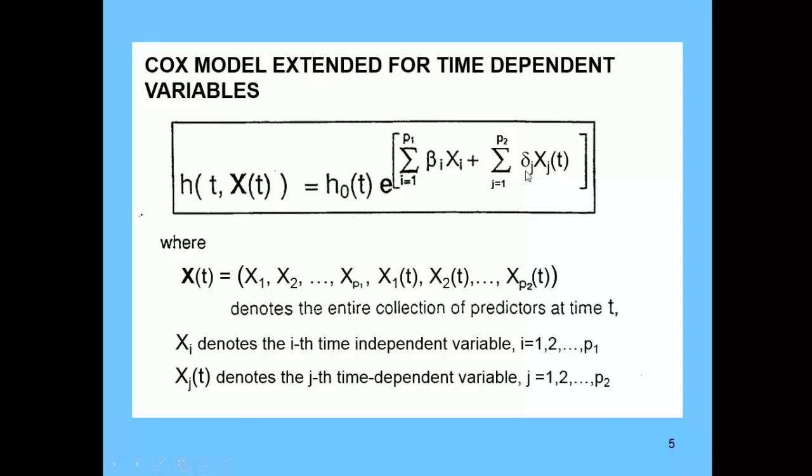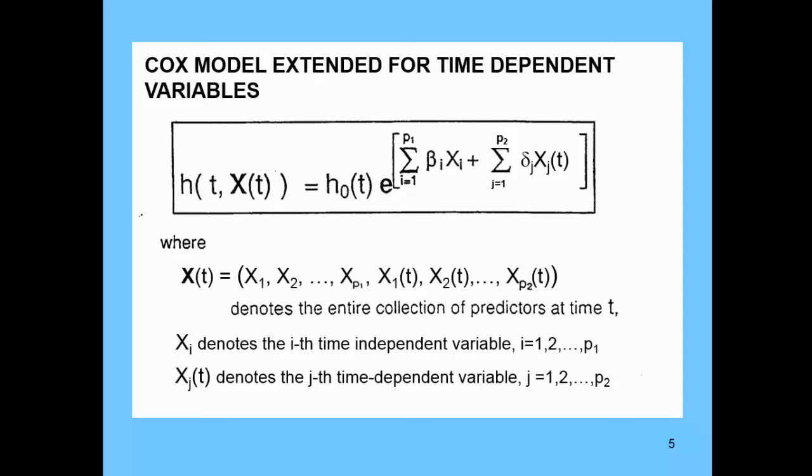You don't see delta sub j t. You don't see t involved in the way delta is defined. It only involves j. So what you're saying is the effect of this variable has some kind of global effect. It doesn't depend upon t itself. t is changing, but when you want to talk about e to the beta or e to the delta in this case, it's not e to the delta involving t. I mean, t is involved in the x, but not involved in the delta. So that makes something a little bit weird, a little bit unusual about this model. So that's what the extended Cox model looks like.